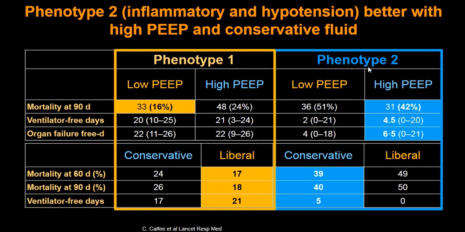Whereas phenotype 2, which is the pro-inflammatory, so these are the patients who are hypotensive, a lot of extrapulmonary failure, and they tend to be more septic, they benefit from higher PEEP and a conservative fluid management. Okay, so you can see how the pathophysiology at molecular level comes together at the bedside in deciding what PEEP and what fluid management we should administer.